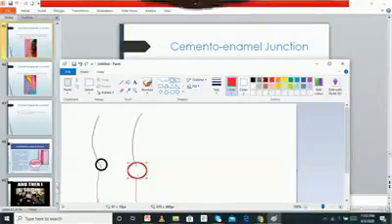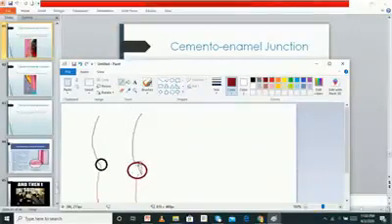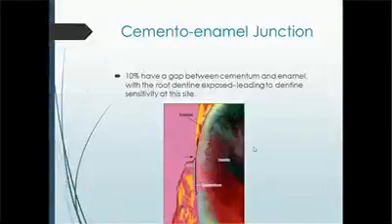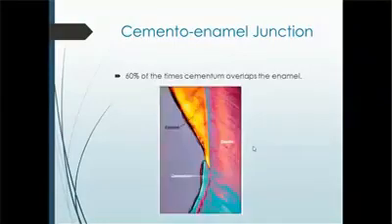And because they're not meeting, the structure that is exposed because of this is dentine, and this exposed dentine is vulnerable to caries and sensitivity. This type of joint or junction is present in about 10% of the cases.